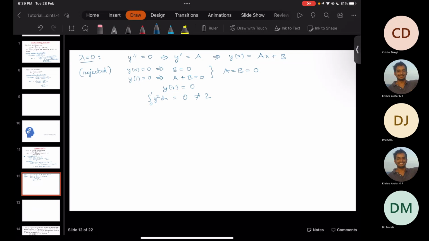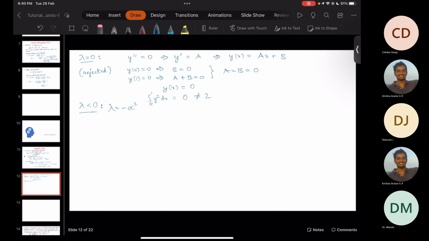Now let's take the case where lambda is less than 0. If lambda is less than 0, that means we can define lambda is equal to minus some alpha squared, which means that lambda in this case will always remain a negative number.